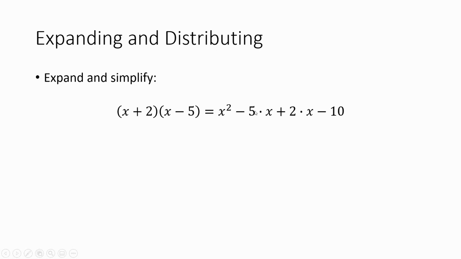We can combine and collect those two in the middle because they're just x terms, different numbers of x terms, so we can do the negative 5 and the plus 2. We get x squared minus 3x minus 10, and that's our end result.